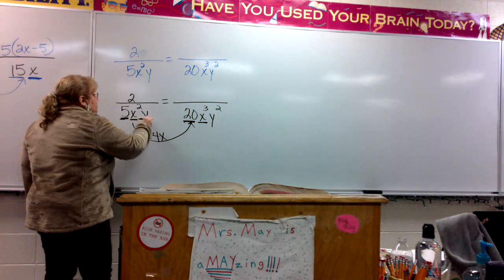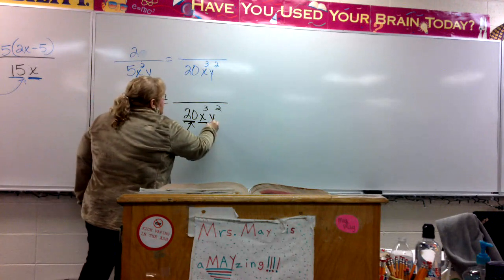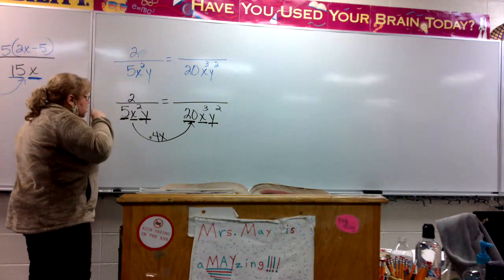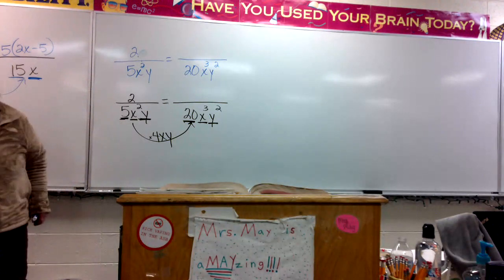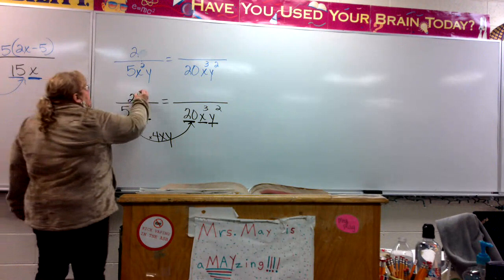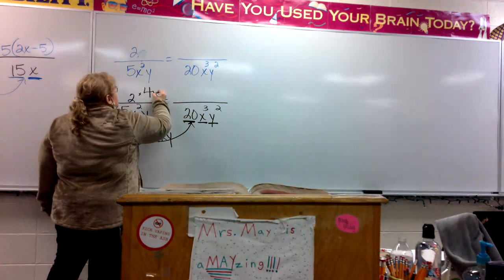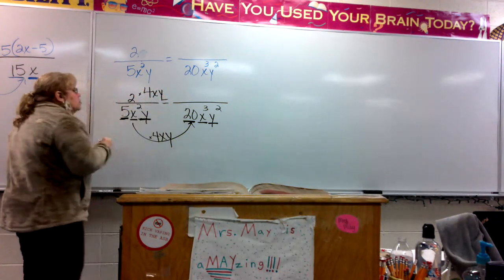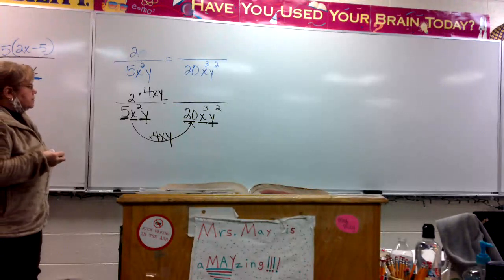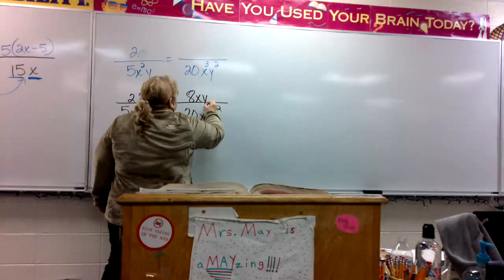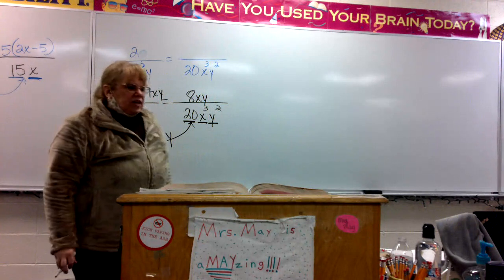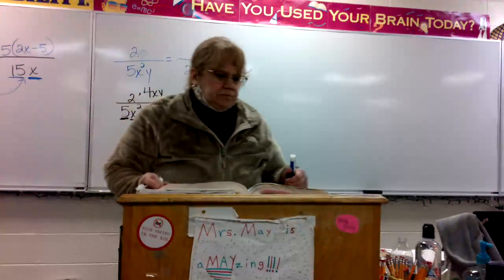I have y, and I need a y squared. Multiply by 1y, right? So on top, we're going to have to multiply by 4x, y. What will that give us? Right, good. 8x, y. Do you think we're good?